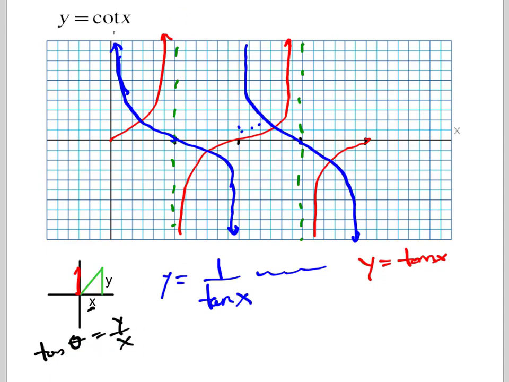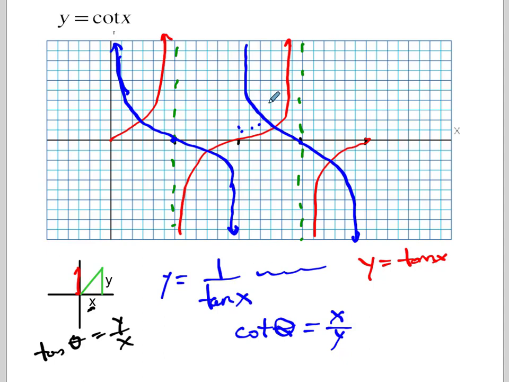But cotangent x, one of our definitions is, I'll make it cotangent theta. Cotangent theta, by definition, is x over y. And so in this example, you can see the y value, or the x value, can actually go through 0, and that's why we have an x-intercept on the cotangent graph where the original tangent graph had an asymptote.